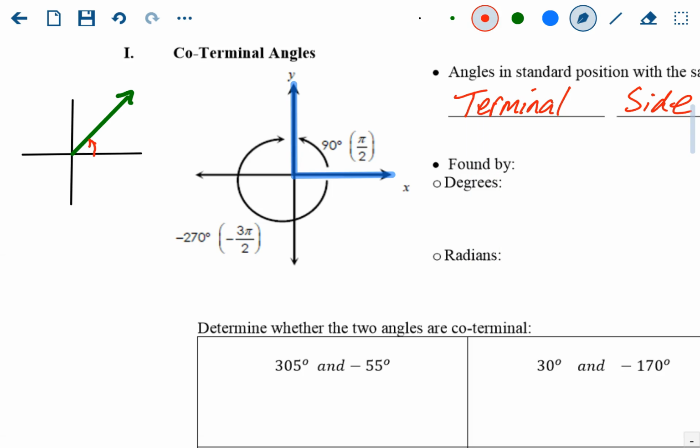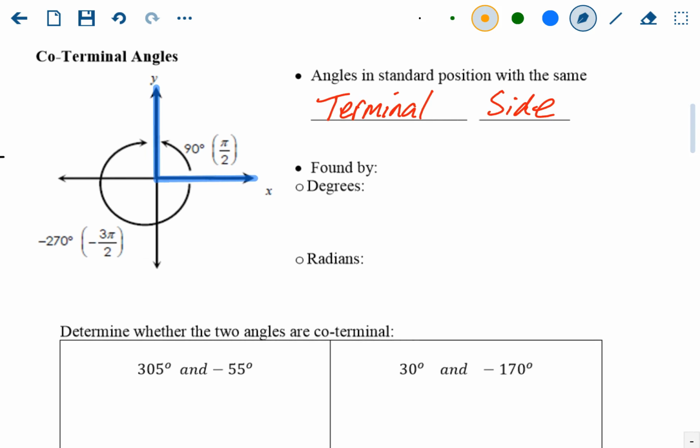So that would be 1 degree measure. You could also have the negative version, or you could have it go all the way around. Because again, there's 360 degrees all the way around. So if you just go 360 degrees, you're going to be in the same spot, which is how we find coterminal angles.